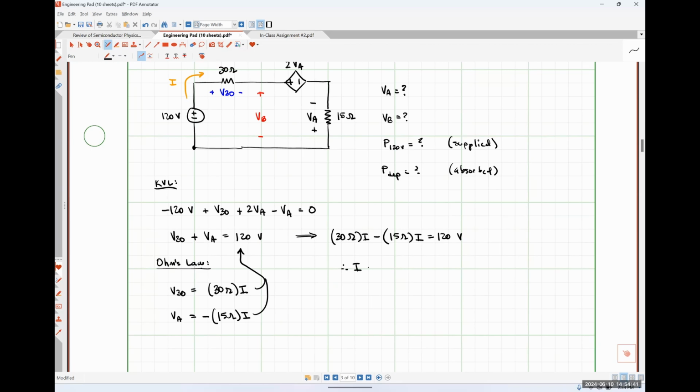And from this, I is just 120 volts divided by 30 ohms minus 15 ohms. So 120 over 15 is 8 amps. Are we okay with my algebra here?